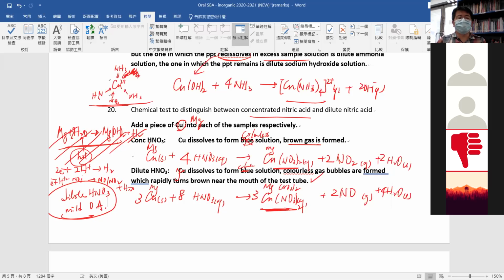Though I have not balanced the ratio, I cannot balance that in one equation simply because the product is different. So what you are considering is the concentration of the nitric acid, which will affect which half equation will come in. Can you get my point?